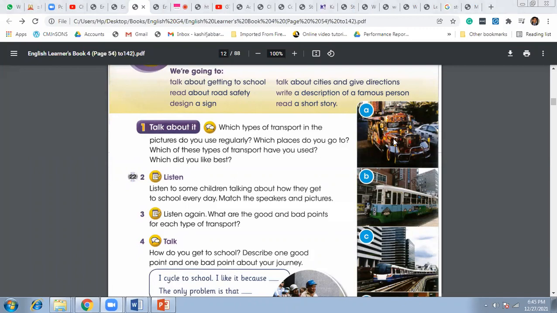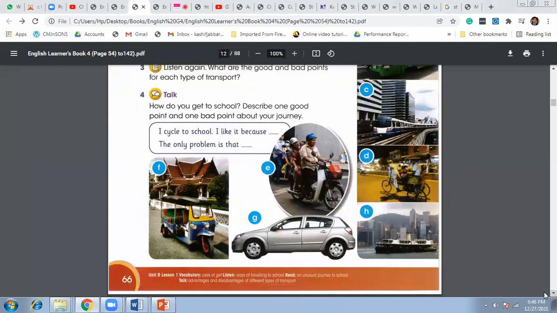Ahmad Muawiyah, yes, unmute yourself. So Ahmad, let me know which transport you usually use in your routine life out of all these pictures you see? D. D, G. G. Okay, car.